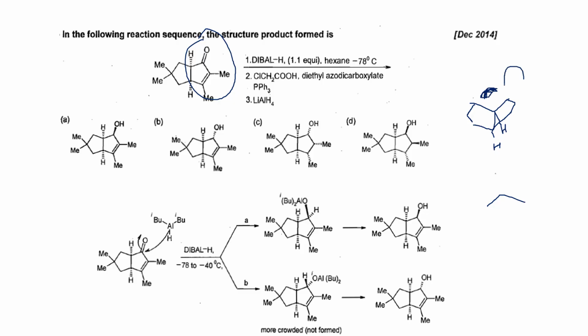So this side attack is not favorable, whereas H minus will approach from below the plane, giving this as our product.